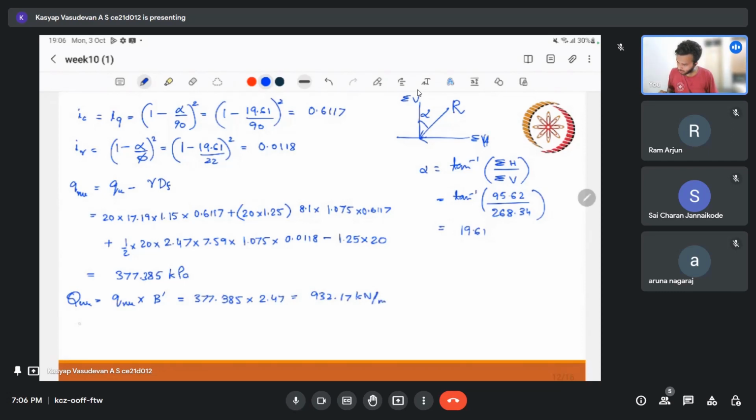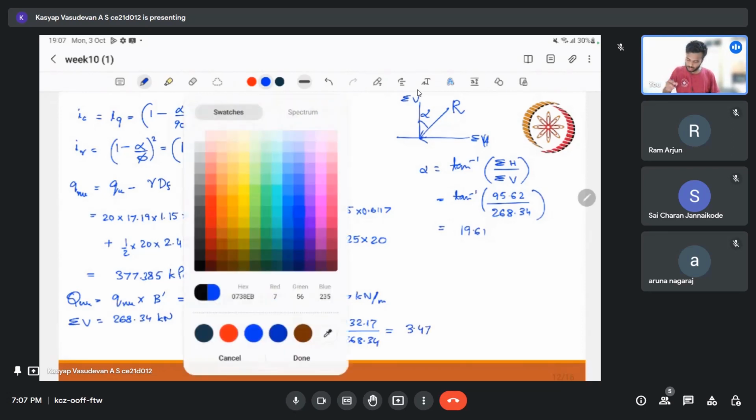So what is the load acting right now? That is our sigma V, right? So that is 268.34. So I can write that the factor of safety is equal to qnu by sigma V. That is 932.17 by 268.34. This will be 3.46.